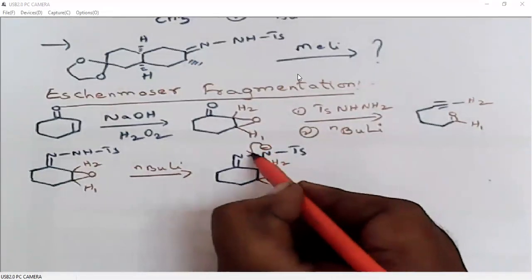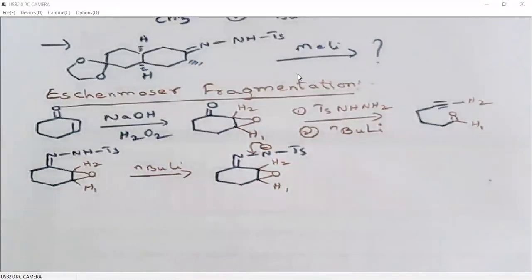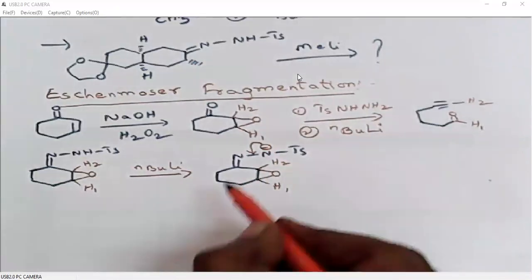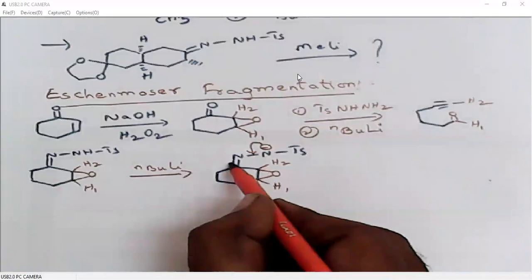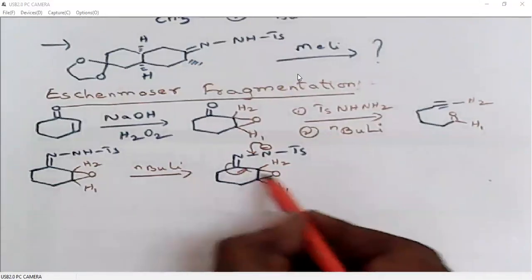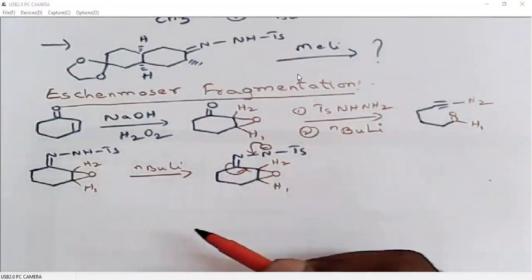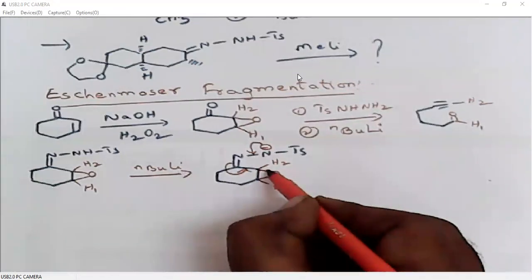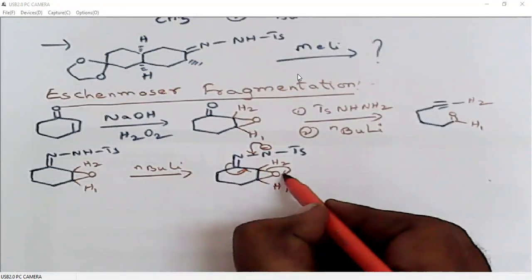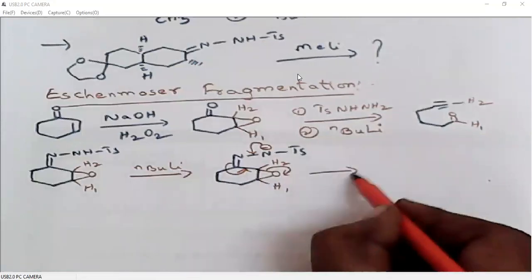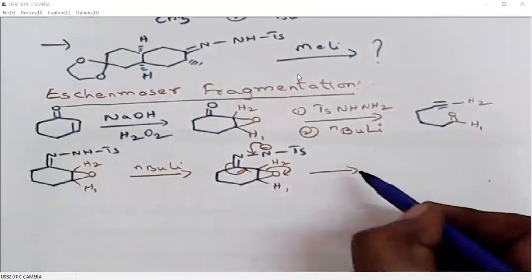When we polarize this towards nitrogen, we will be generating a nitrogen-nitrogen double bond. Then the carbon-nitrogen bond will be polarized towards the epoxide, so we are generating a carbon-carbon double bond. Now the epoxide will undergo breakage. So the epoxide ring will be breaking now.